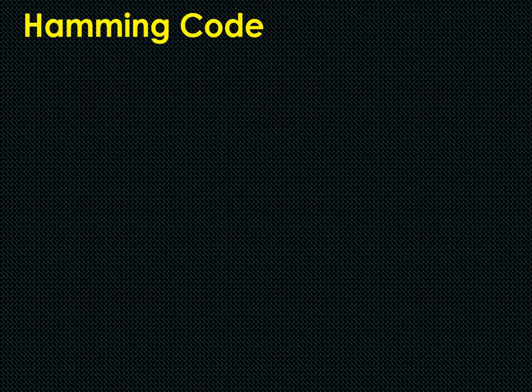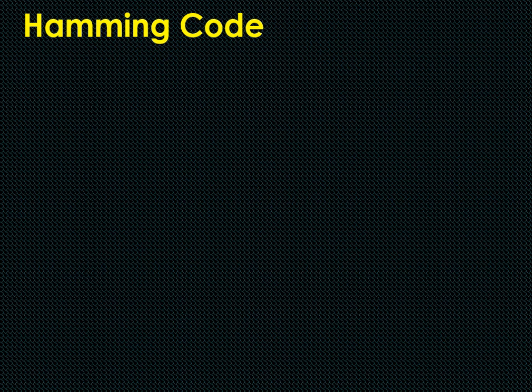So, the first error detection and correction technique we have discussed. Now let us see the second error detection and correction technique, that is Hamming code. With the help of the Hamming code structure, we can detect the error and at the same time correct the error also.